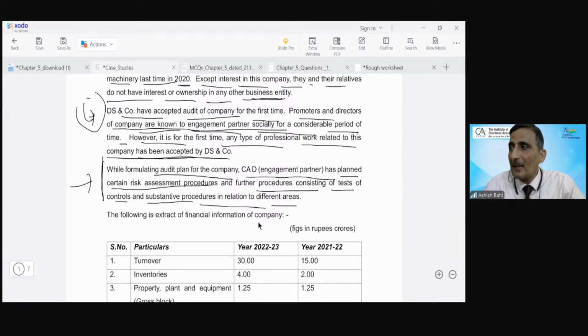But I am asking about planning. Yes, Pranav, you are right, SA 300. So the auditor has planned certain risk assessment procedures and further procedures. He has planned. He has not yet performed.